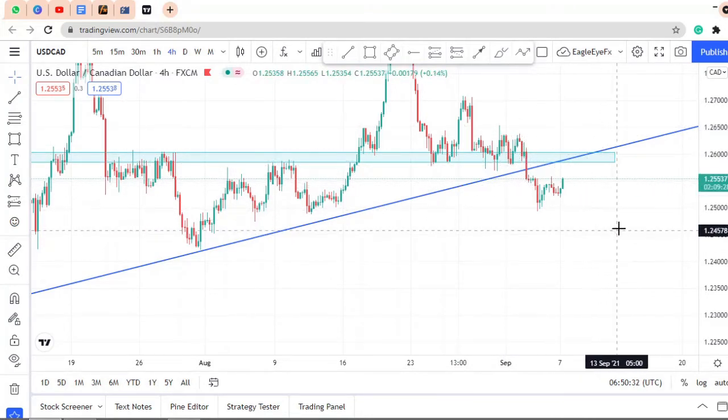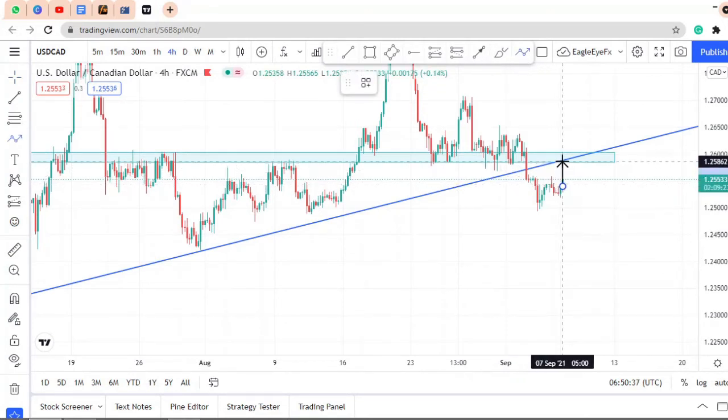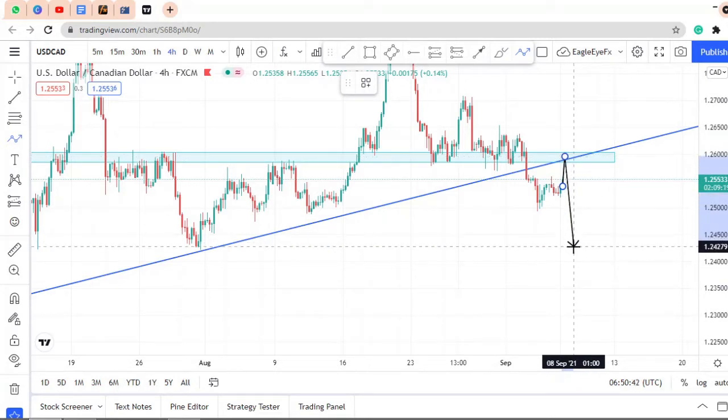So there's a high possibility that this market will come all the way to this zone here, to find strength to start moving towards the down.